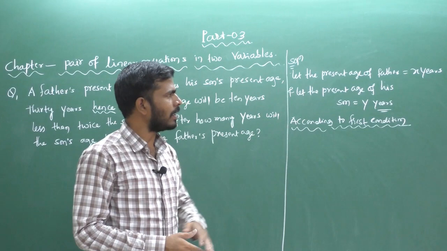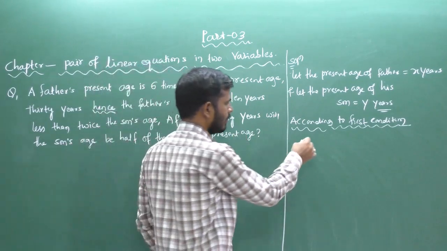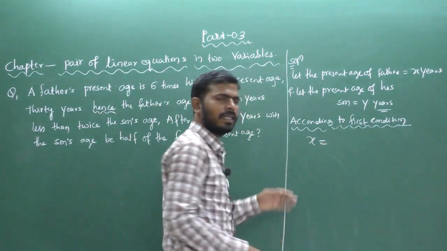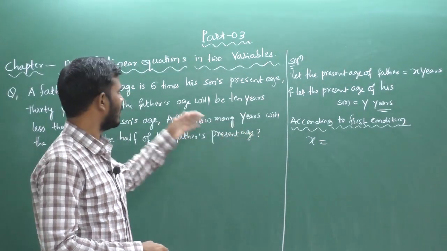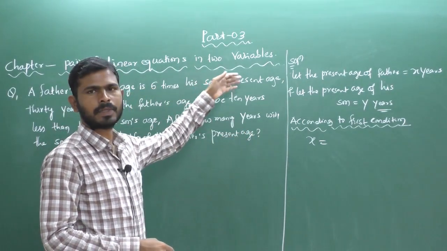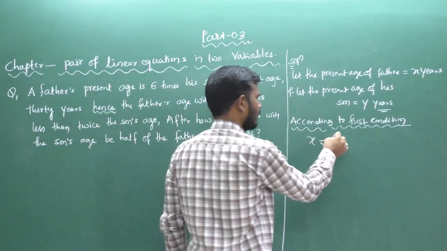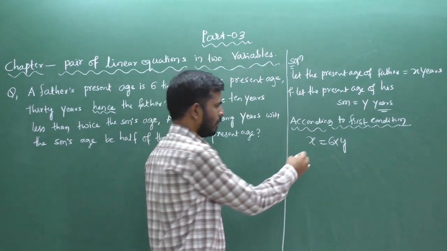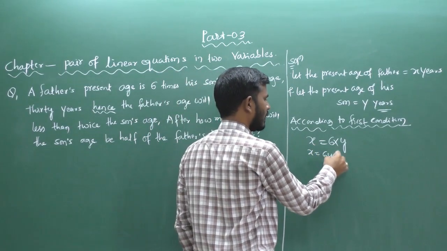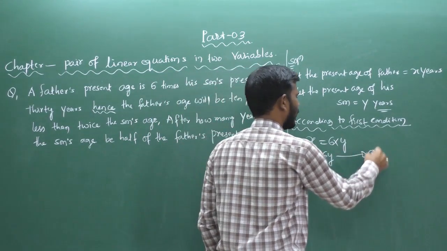So what is the father's age? That is x. Is means equal to. Father's age is equal to 6 times his son's present age. 6 times, 6 into son's age y. So this is x equal to 6y. This is equation number 1.